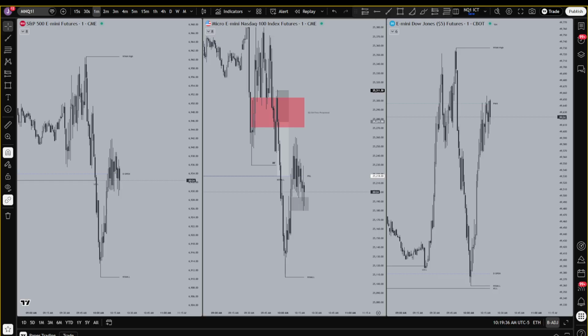On this short, I would ideally go break even at that 10:05 1 minute candle that doesn't have a wick at the bottom. There's slight SMT internally. Okay, this is a gap.